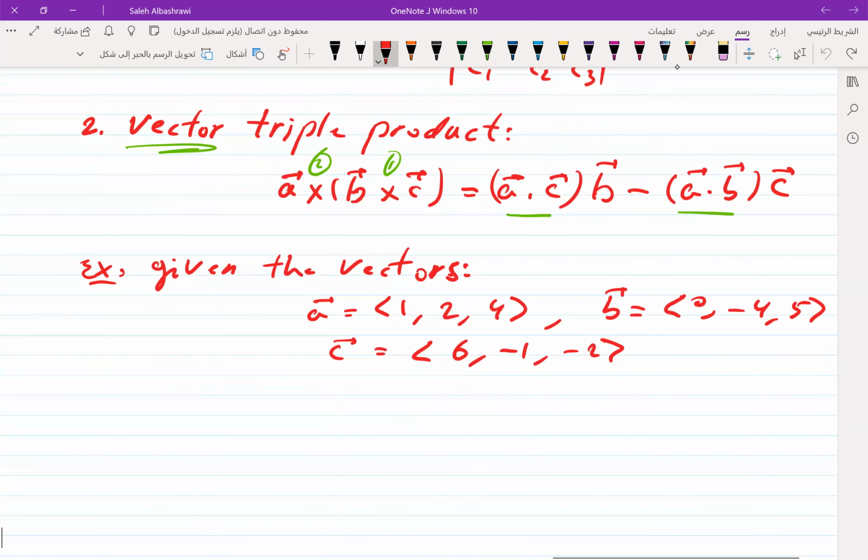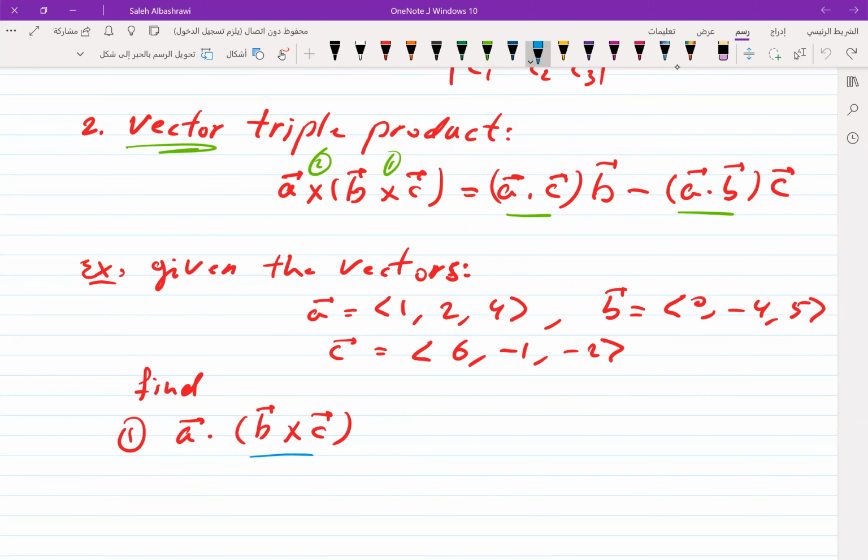Let's find first A dot B cross C. Either I can do it by finding B cross C first, then we apply the dot product, or we can apply the special product.